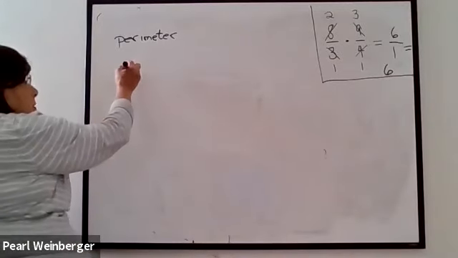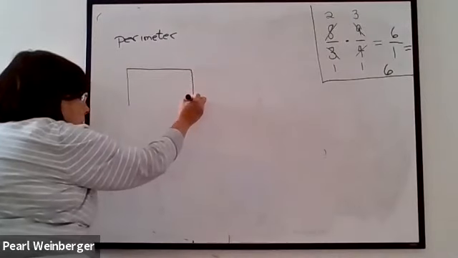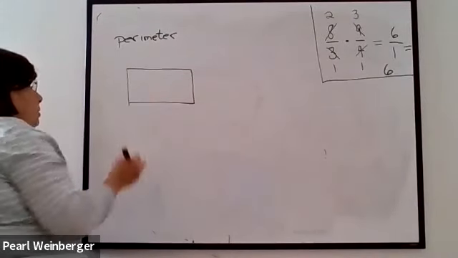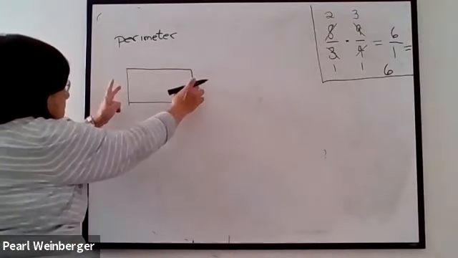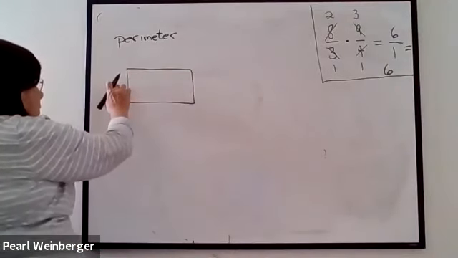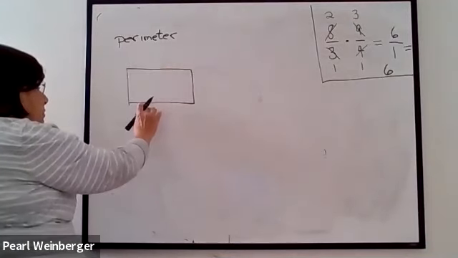Now, a rectangle is a 4-sided figure where the 2 pairs of opposite sides are equal. This side equals this side, and this side equals this side.